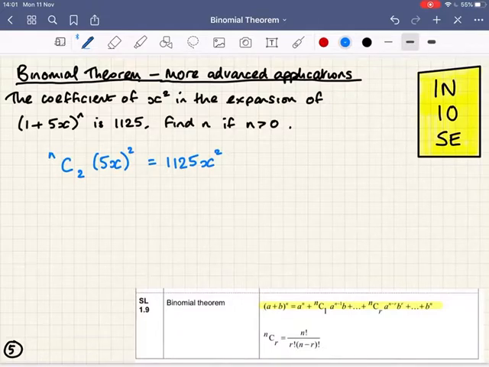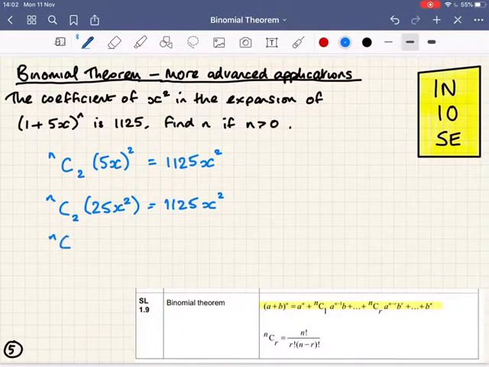So if I do a bit of multiplying there, I can see that nC2 times 25x squared equals 1125x squared. So I can divide by 25x squared here just to find that nC2 is equal to 45.